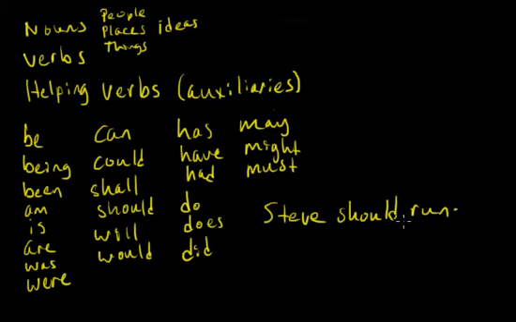The reason is should, as an auxiliary or a helping verb, is part of the verb. And so you would actually circle should with it. Steve should run. We could have even said Steve should have run.